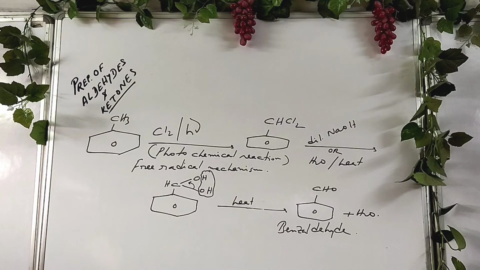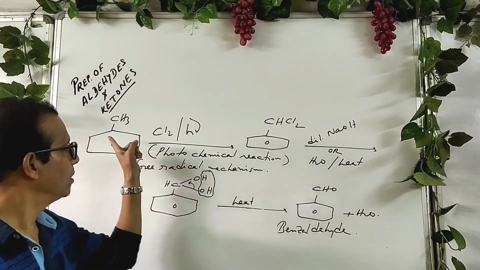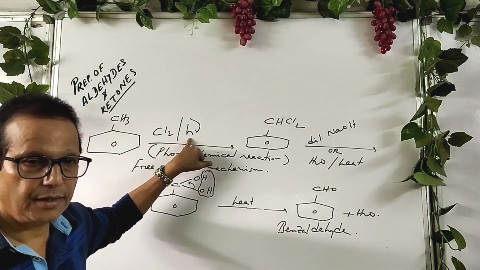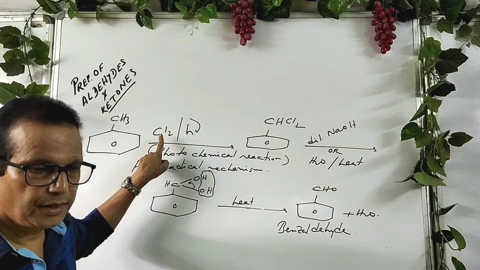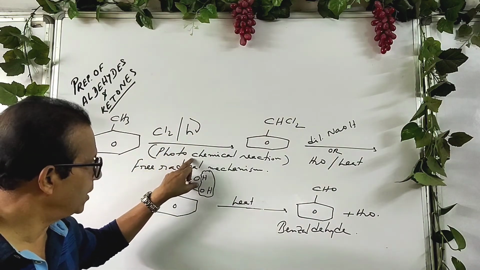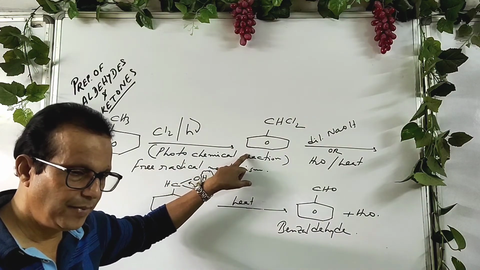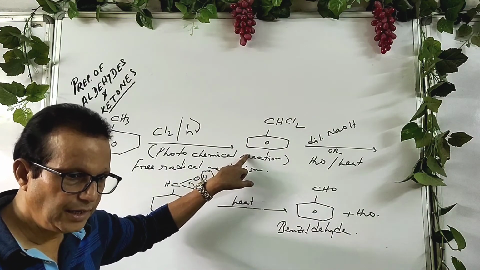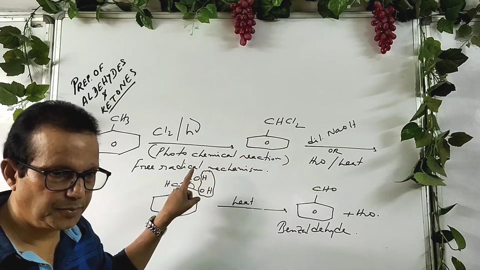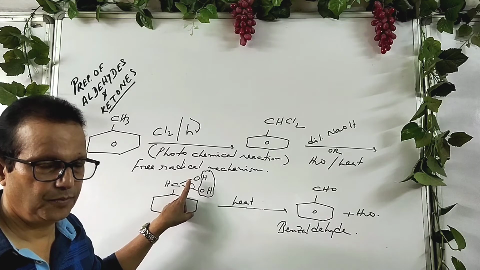Okay, this is toluene. When toluene reacts with chlorine in presence of sunlight, you know that the reaction is called photochemical reaction. And remember, any photochemical reaction takes place by free radical mechanism.